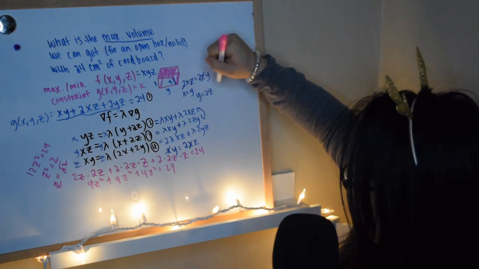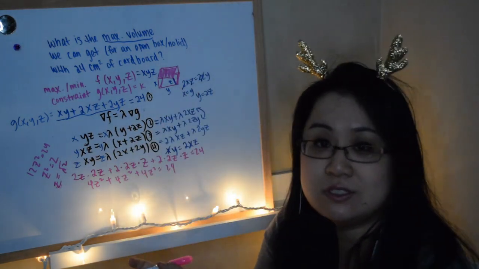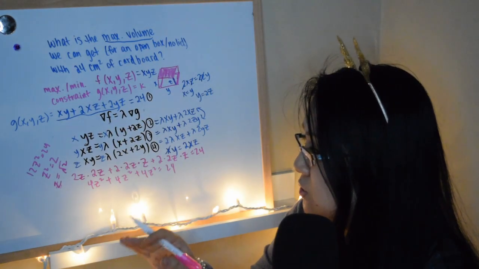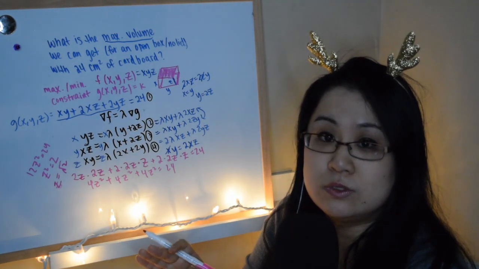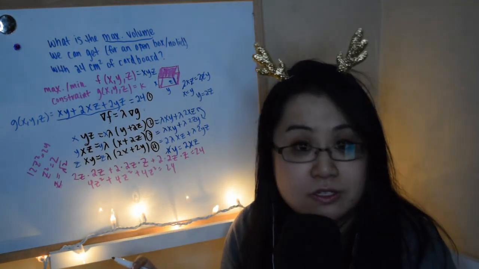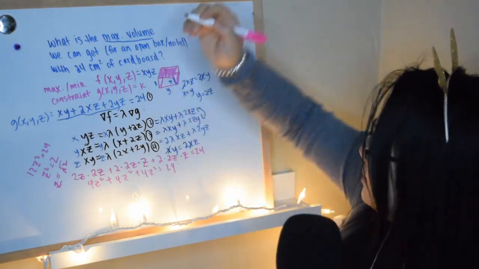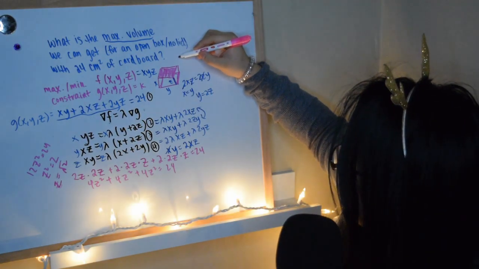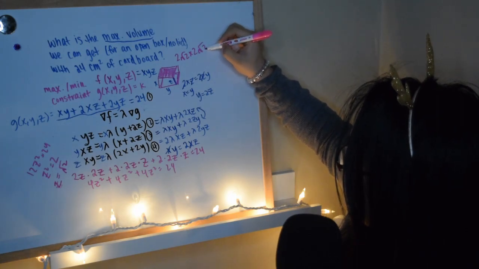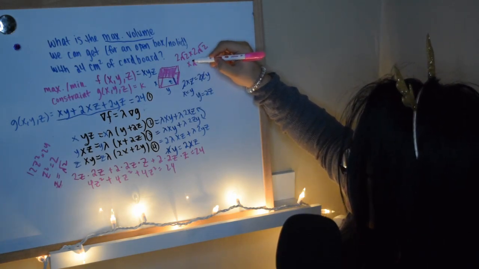And if z is the square root of 2 and y is 2z, and x equals y, x and y are both going to be 2 root 2. So the dimensions are going to be 2 root 2 by 2 root 2 by root 2.